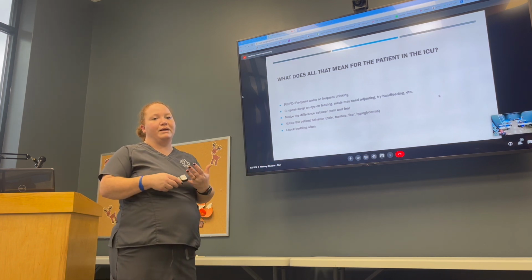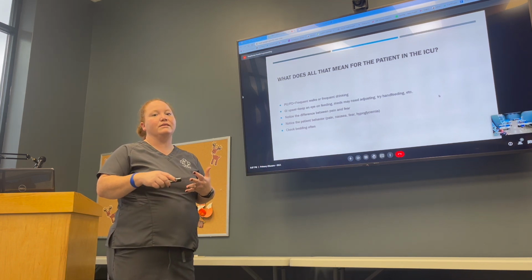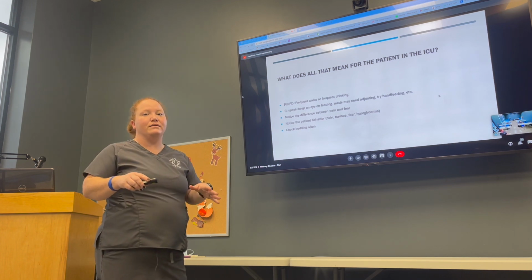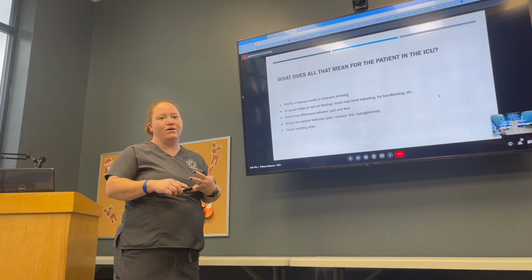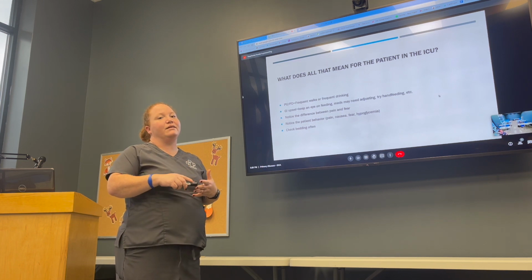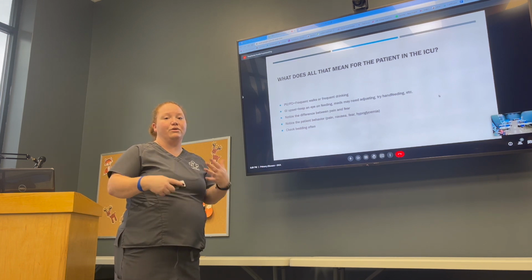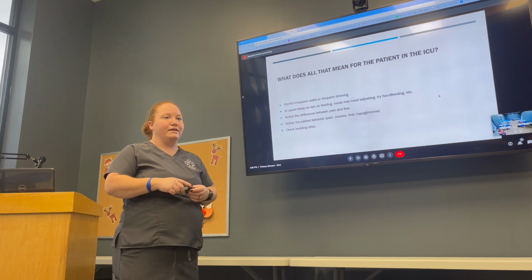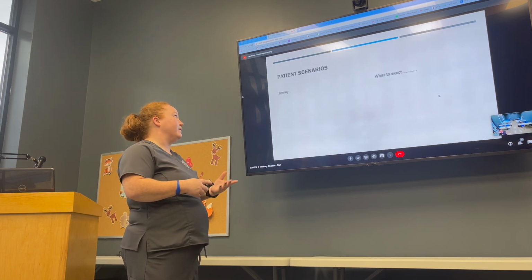So checking the patients is not checking the boxes. It's actually putting your hands on the patient, putting your hands on their beds, trying to coax them to eat. All of these things go into a good quality nurse understanding the disease processes that they're going through.